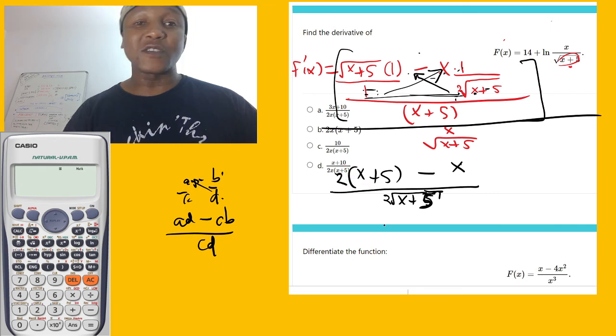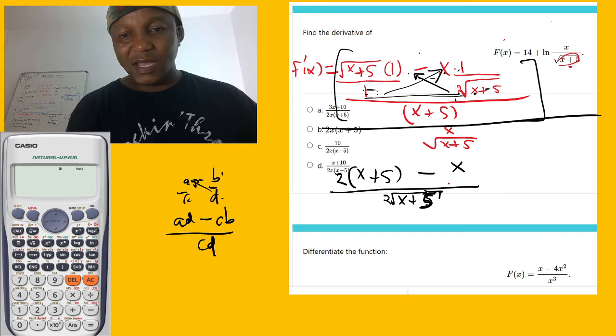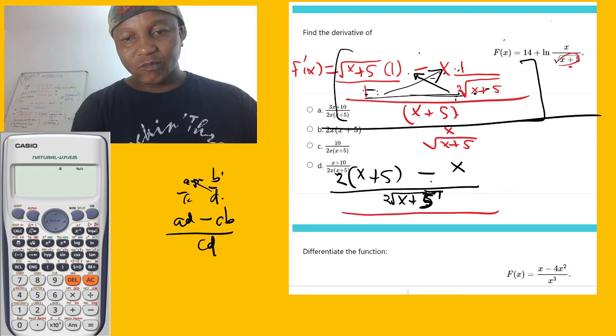So then we say, and then we put over this x plus 5. So we can do this. And then we put over x square root of x.